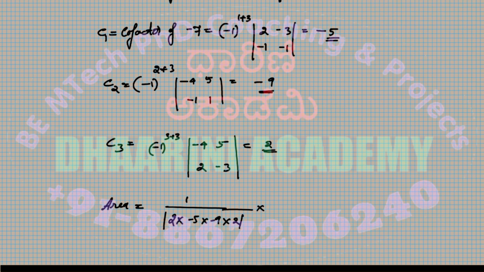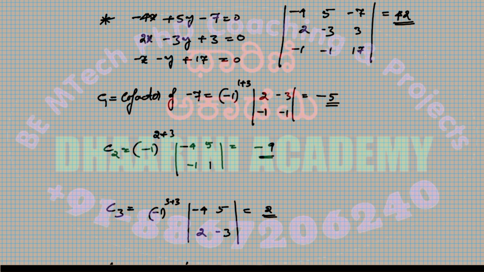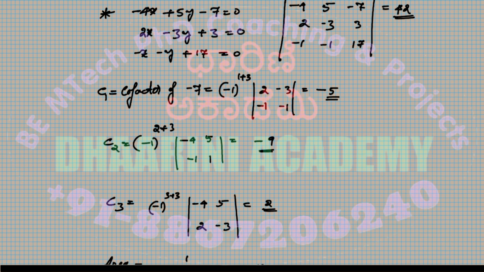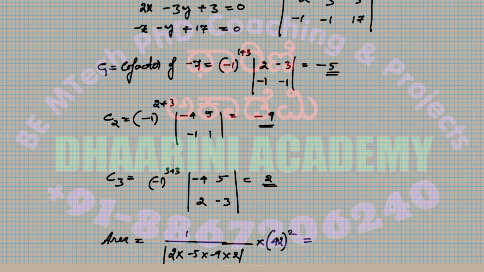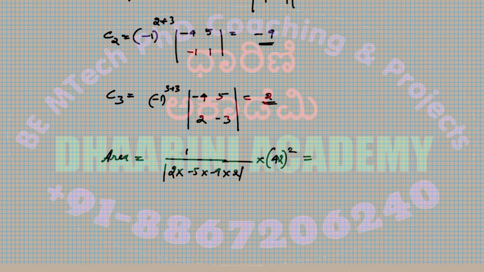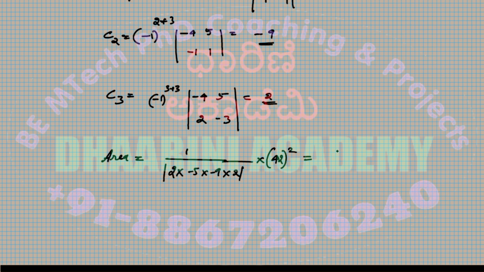Already we have solved the determinant, and determinant is 42, so we put it over here, into 42 square. So the answer comes to be 9.8.